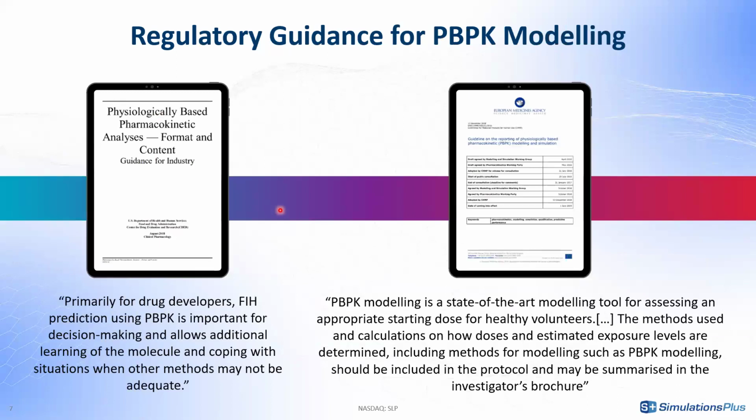So regulatory guidance from the FDA and the EMA followed in 2018, and again they supported the use of PBPK in regulatory submissions, and more specifically, its application in first-in-human prediction.